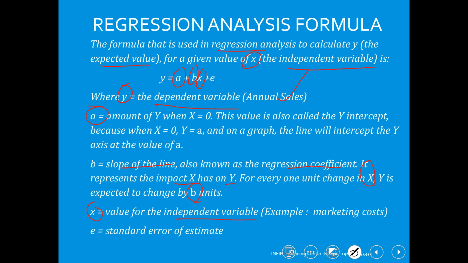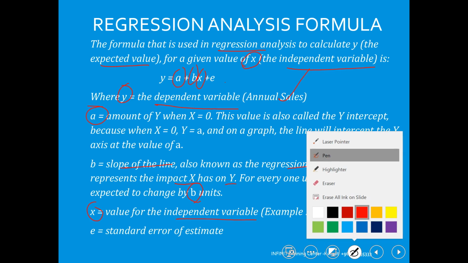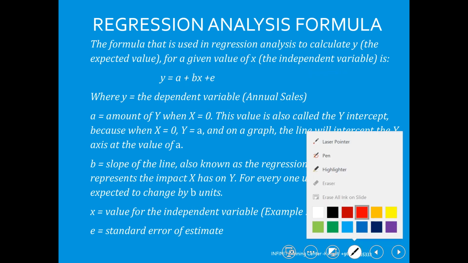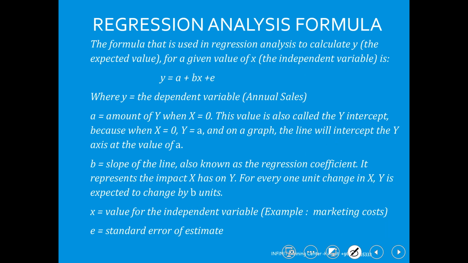When there is a change in advertisement, if you spend $1 on advertisement, the sales will increase by $10. I'm just giving an example. If you spend $1 on x, or advertisement, y is going to increase by $10. So that is what b means.